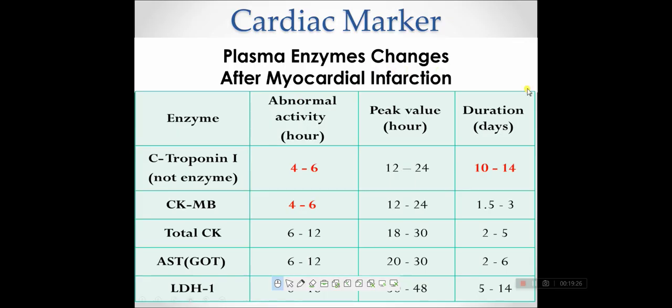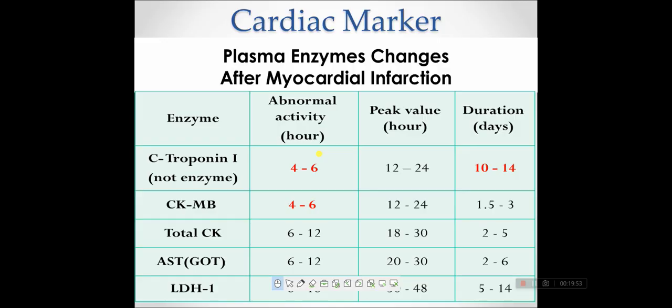Right, so these are the plasma enzyme changes after myocardial infarction. The enzymes and their abnormal activity in terms of hours are given. Cardiac troponin I shows abnormal activity within 4 to 6 hours. The peak value is at 12 to 24 hours and the duration remains for 10 to 14 days.